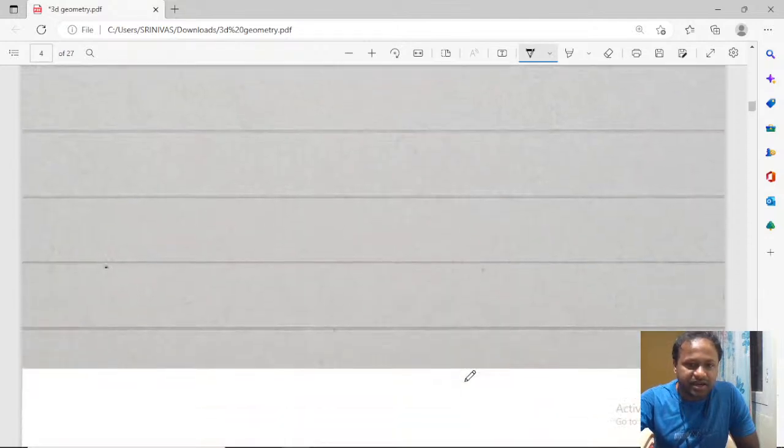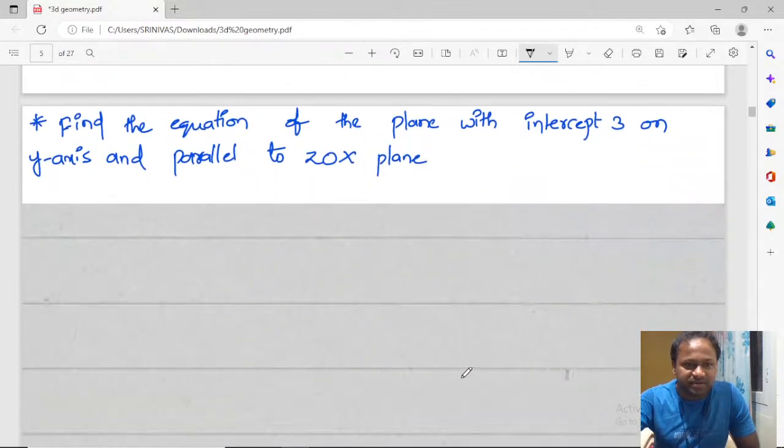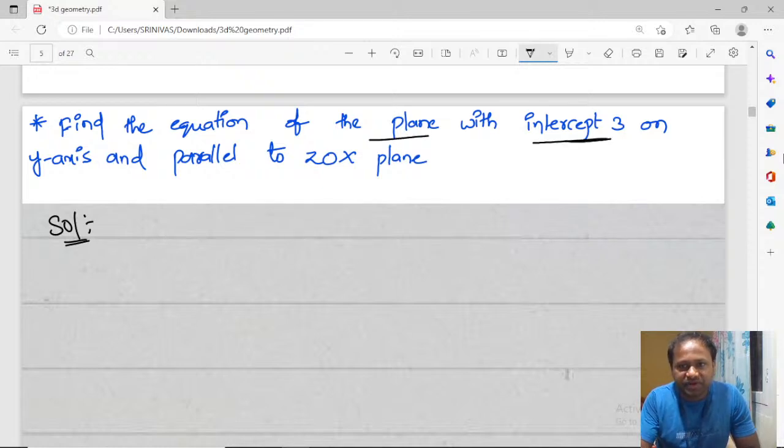Now, this is an easy and important question. Find the equation of the plane with intercept 3 on y-axis which is parallel to ZOX plane.